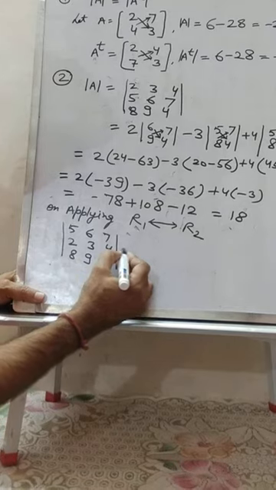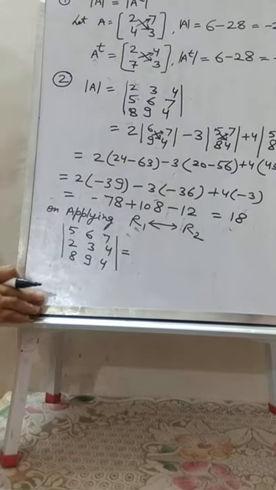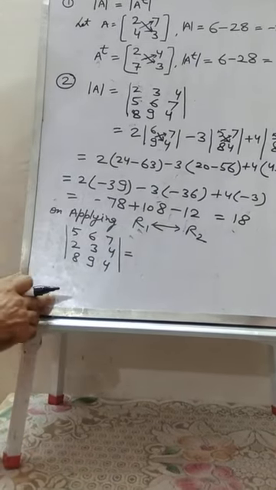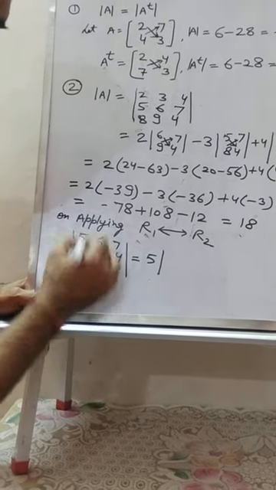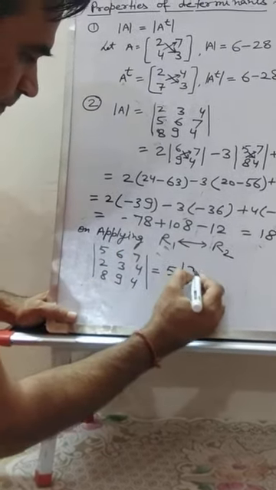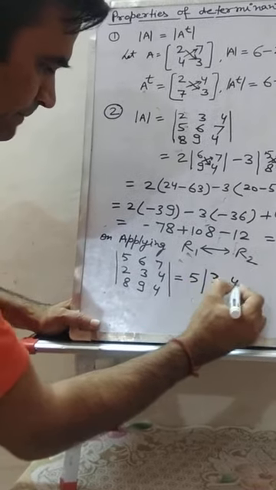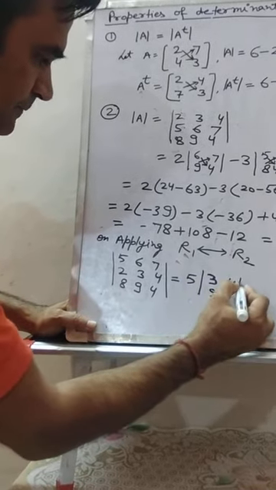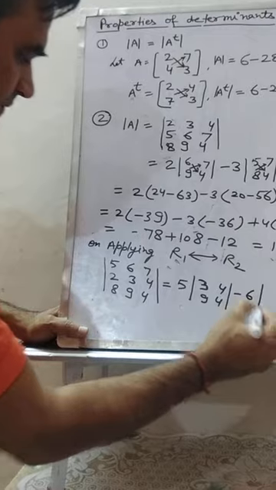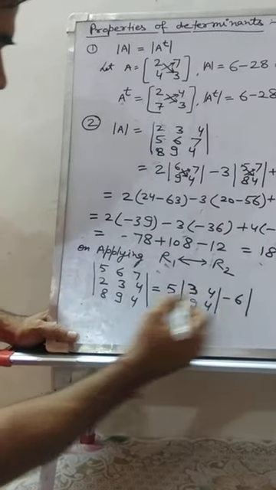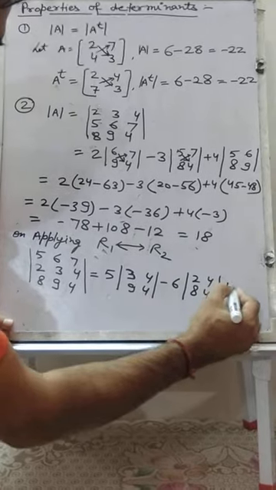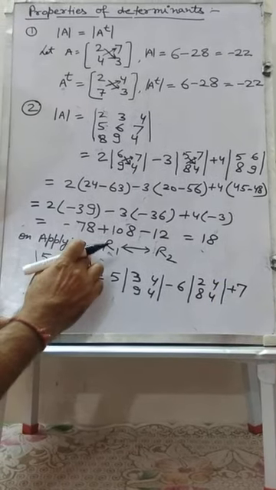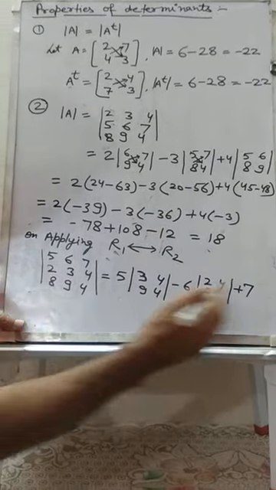Now let us expand it and find its value. So 5, then hiding the first row, first column, 3, 4, 9, 4, minus 6, then 2, 4, 8, 4, plus 7, then hiding the first row, third column, 2, 3, 8, 9.